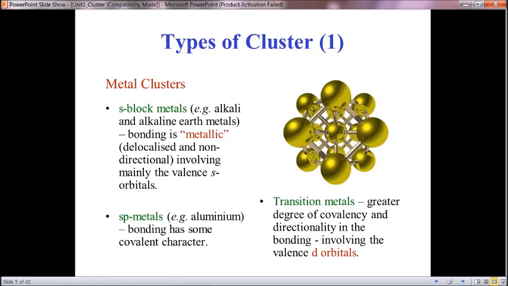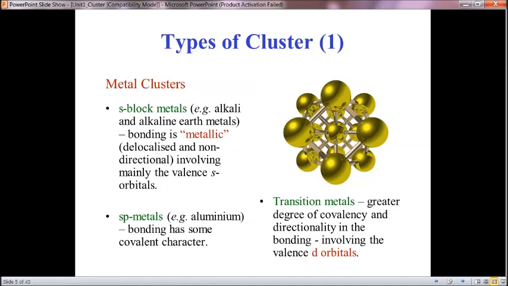And next is types of clusters. We are having so many types of clusters. The first type constitutes metal clusters, which are s block metal, sp metal, and transition metal. S block metals are alkali and alkaline earth metals where bonding is metallic, which is delocalized and non-directional, involving mainly the s orbitals. And sp metals, example aluminium, bonding has some covalent character.